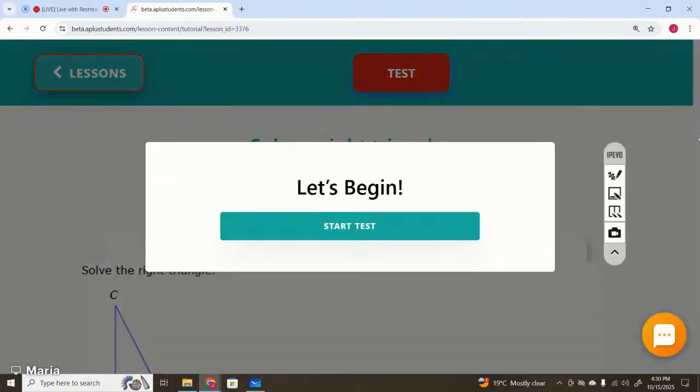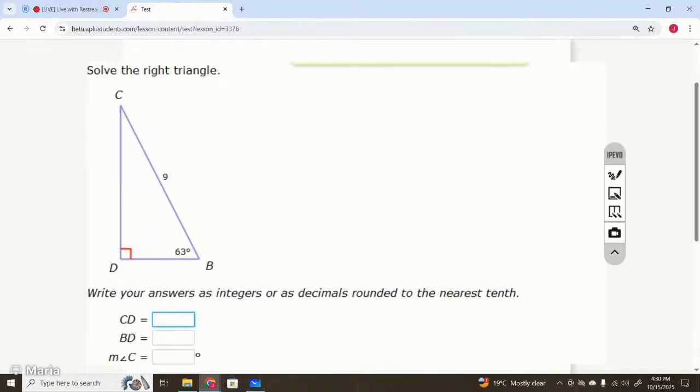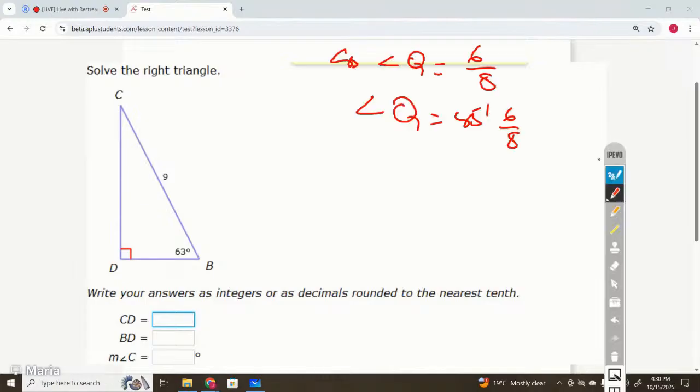Let's just start with the test questions. Solve the right triangle. We are given two of the angles and one side length. We need to find the third angle and the other two side lengths. Find the third angle first, right? The sum of all the angles in a triangle must equal 180 degrees.